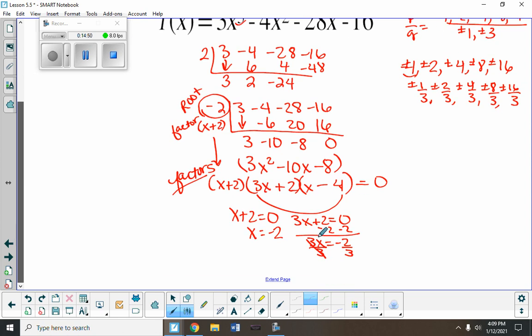And then x minus 4 equals 0. x equals 4. So these are the solutions or your roots. Now take a look. All of those, negative 2 is here, negative 2/3 is here, and 4 is here. So all your roots were in that list.